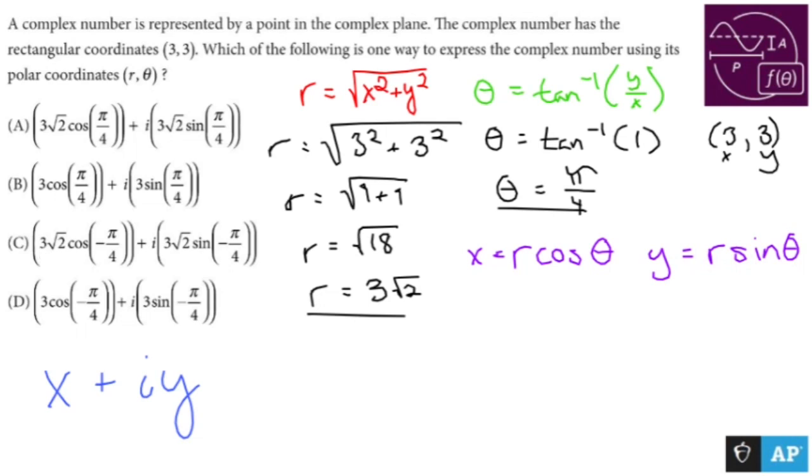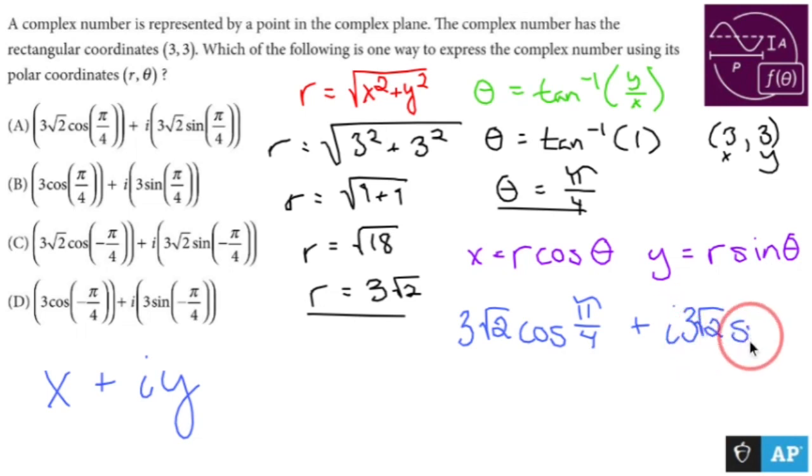So when I plug all of this in, and make it look like that, x is going to equal r, 3 root 2, cos theta, which is pi over 4, plus i r, which is 3 root 2, sine theta, which is pi over 4.